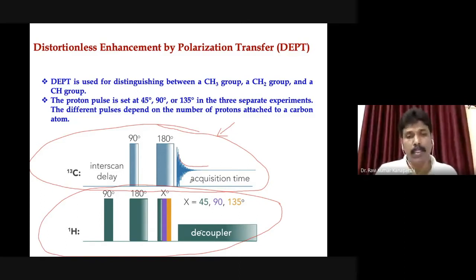But in addition to this, in a decoupler technique, especially under the DEPT technique, we use different pulses. Apart from the general 90-degree and 180-degree pulses, we also use different pulses. I must tell you, these are a 45-degree pulse, a 90-degree pulse, and a 135-degree pulse. What are those exactly?